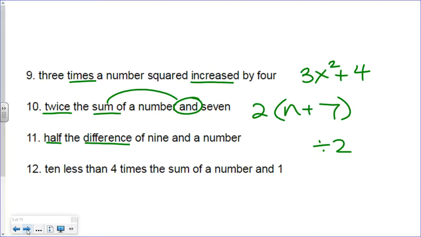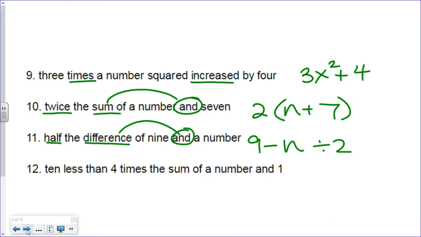What's difference mean? Subtract. Would it make sense for me to start this thing with a minus sign? No, that's going to go with this and again. So what am I going to start with? A 9. And what was difference again? And what am I going to subtract? What do you want to use?